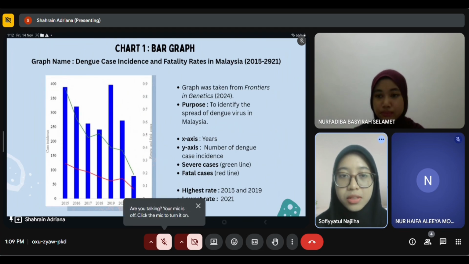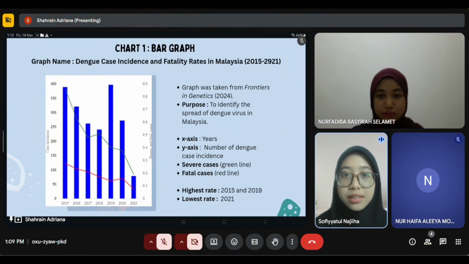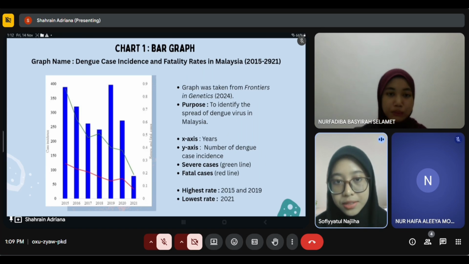From the graph, the x-axis shows the years and the y-axis shows the number of dengue case incidents. There are two more additional information, which are the green line and the red line. The green line represents severe cases and the red line represents fatal cases.